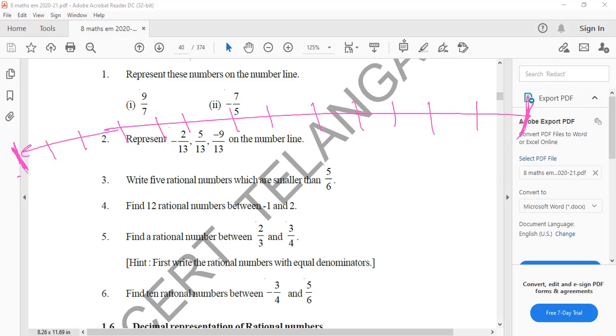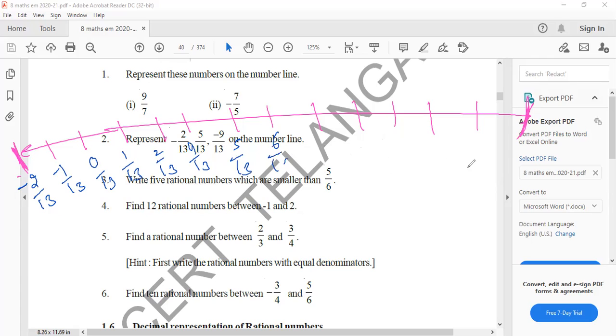In this, what are you going to get? Minus 2 by 13, minus 1 by 13, 0 by 13, 1 by 13, 2 by 13, and so on.